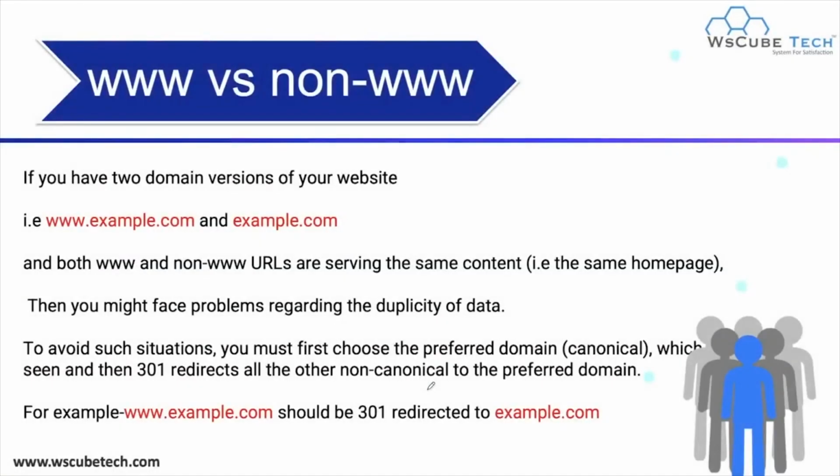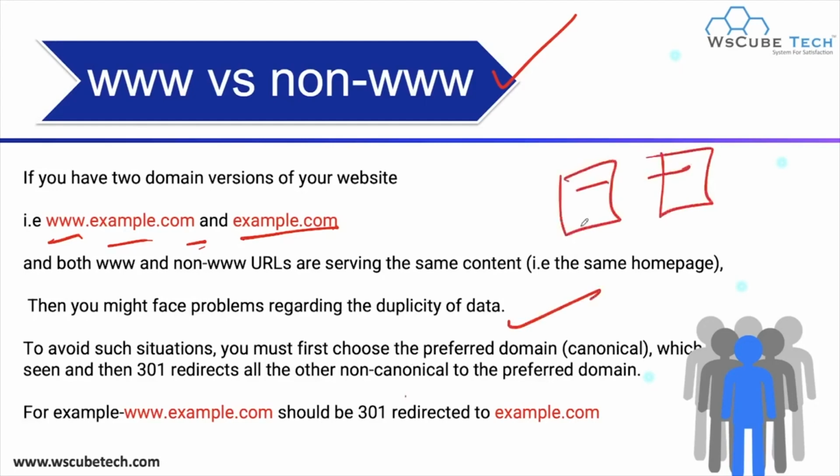Next we have www versus non-www. If you have two domain versions of your website, one like this and another version like this, and both www and non-www URLs are serving the same content, then you might face a problem regarding duplicate content, because now the search engine considers these as two websites, one with this particular domain name and one with this particular domain name.